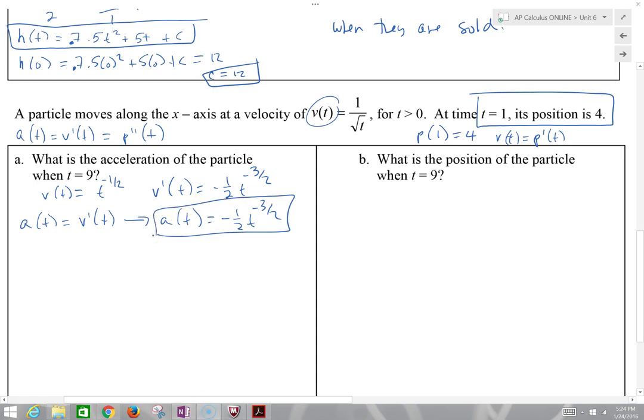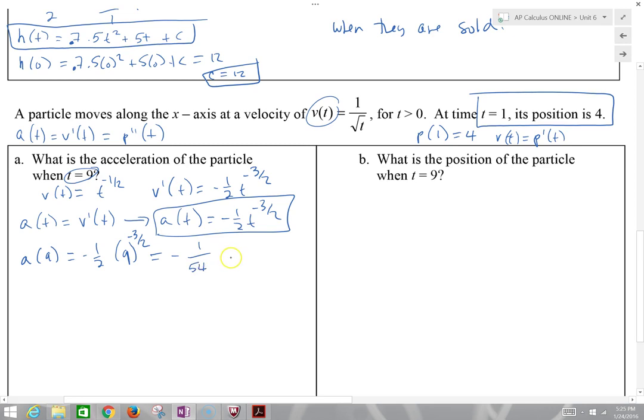And we want to know what the acceleration is at t equals 9. So a of 9 equals negative 1/2 times 9 to the negative 3/2. So 9 to the 1/2 is 3. 3 to the negative 3 is 1 over 27, which leaves this to be negative 1 over 54.